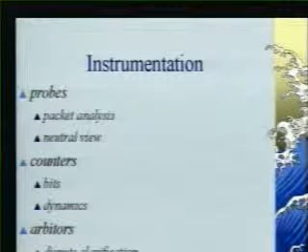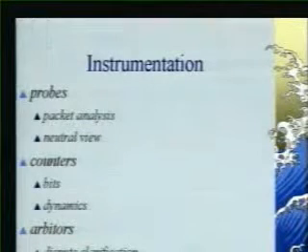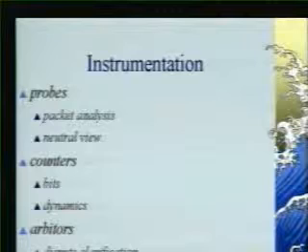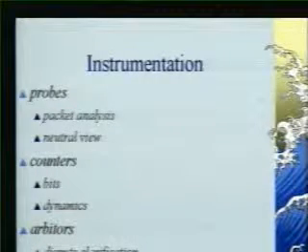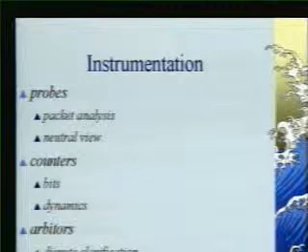And the way people do instrumentation, they either put probes down. These are for doing things like packet analysis. This gives sort of a neutral viewpoint of what's happening on the switch media, the switch mesh that all these packets are flowing across. There are the counters that count bits, and they count dynamic changes in traffic flow.